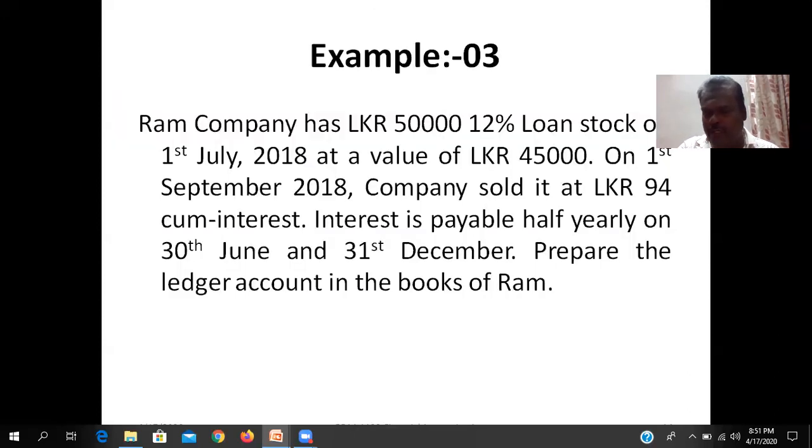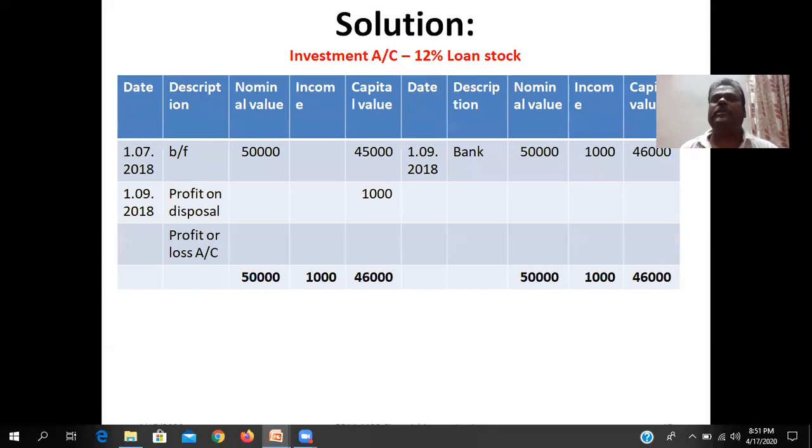Capital value we should calculate. This is 94. Then how do we compute? 50,000 divided by 100 into 94. So then we will have the amount 47,000. But before recording that 47,000 as the capital value, we had to check whether it was sold ex interest or cum interest.